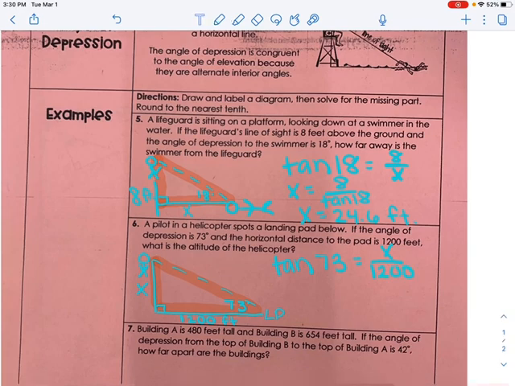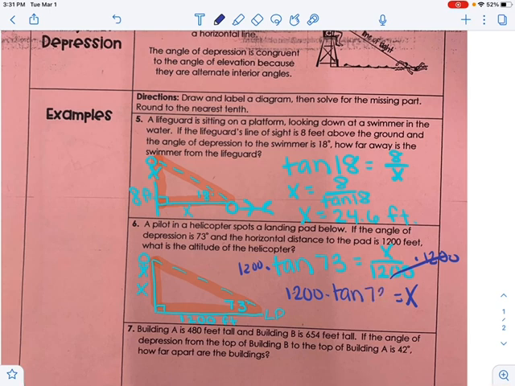In order to get rid of the 1,200, we're going to multiply it to both sides, which means x equals 1,200 times tangent 73. And when you plug that into the calculator, you should get 3,925 feet.